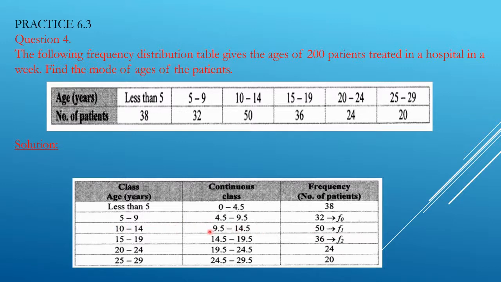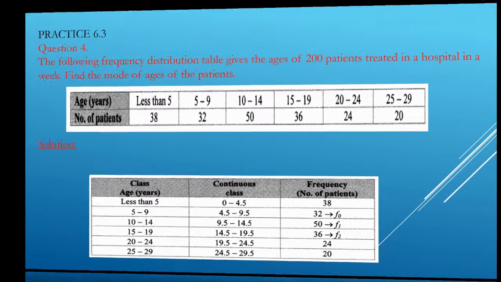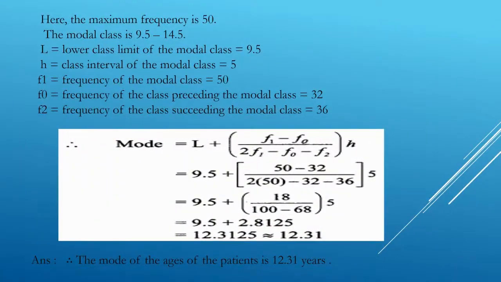Therefore, the modal class is 9.5 to 14.5. And the maximum frequency F1 is equal to 50. And the frequency preceding the modal class, F0, is 32. And the frequency succeeding the modal class, F2, is equal to 36. Here the maximum frequency is 50.